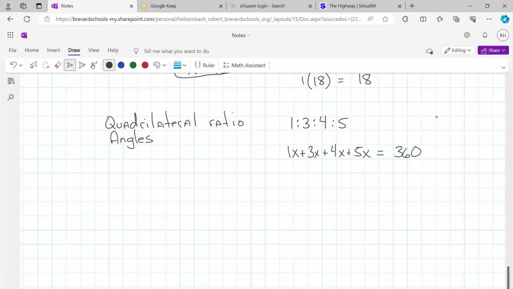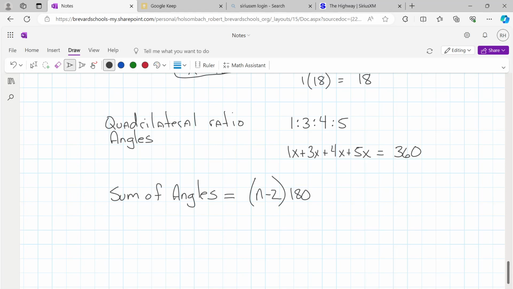Okay? If they told you the shape was 5-sided, a pentagon, then you would find the sum of the angles for a pentagon to set your equation equal to. Remember the formula for the sum of angles? The sum of the angles is always equal to n minus 2, where n represents the number of sides, times 180.